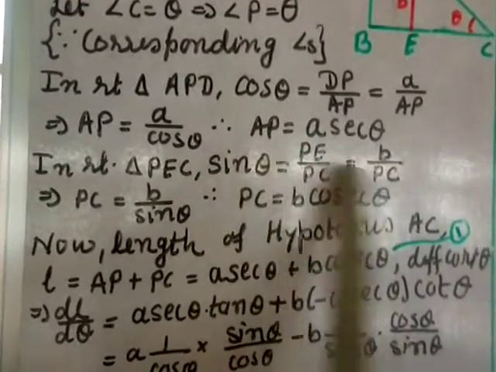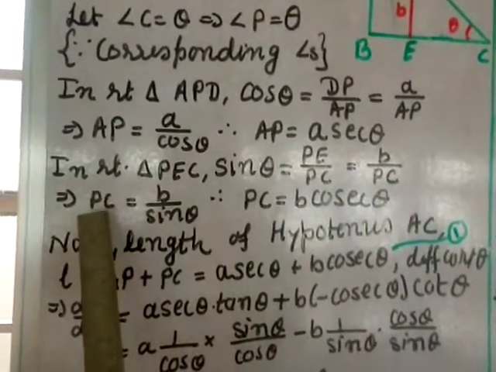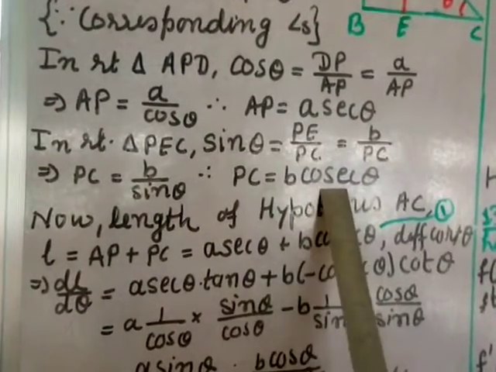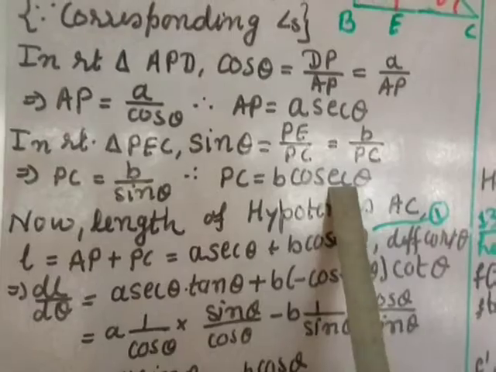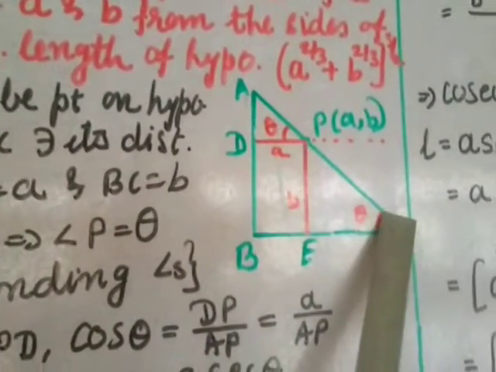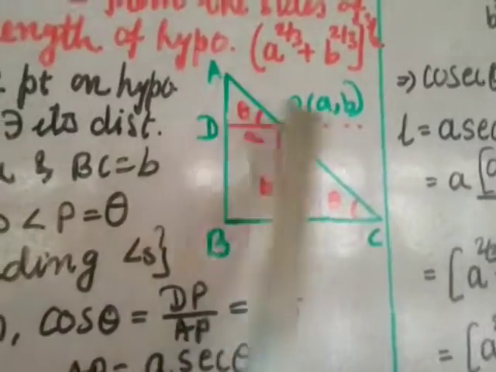Cross multiplying, you get PC is equal to b by sin theta. 1 by sin theta can be written as cosec theta, so PC is equal to b cosec theta. So I have found the AP value and the PC value, and their total will become your hypotenuse, because I have to find the length of the hypotenuse.